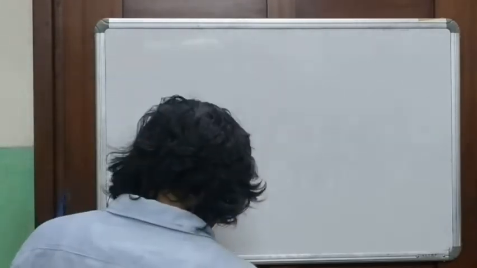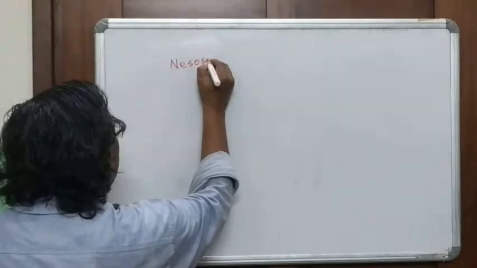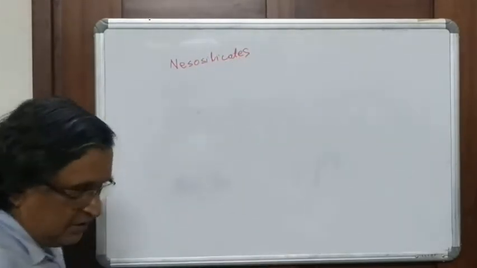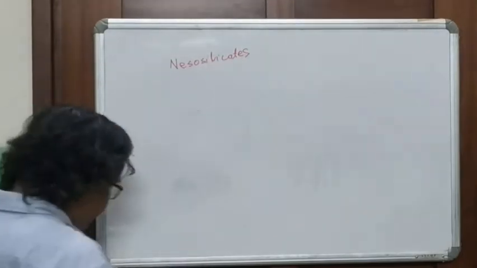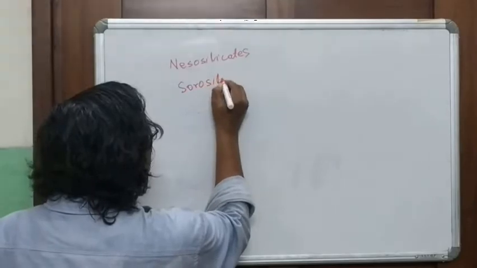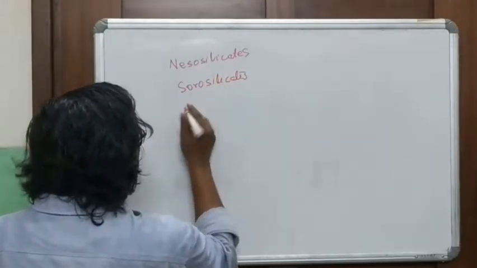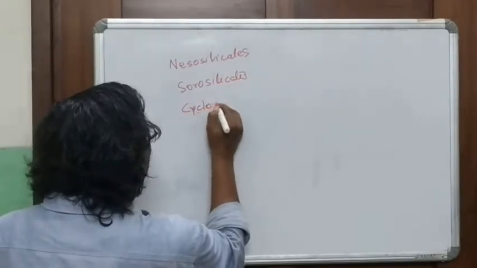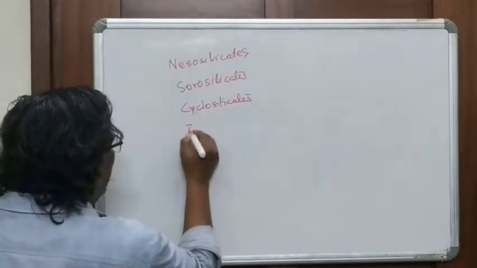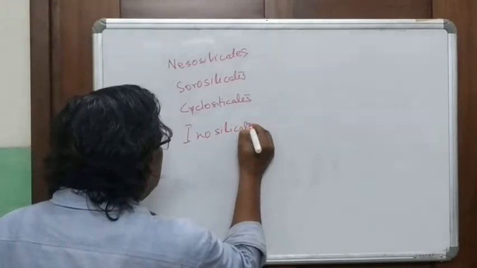Say, for example, you can start with nesosilicates. These are isolated tetrahedra. I am not writing it because I have already sent you the PDF. Then we have sorosilicates, then cyclosilicates, then inosilicates, which are actually called chain silicates.